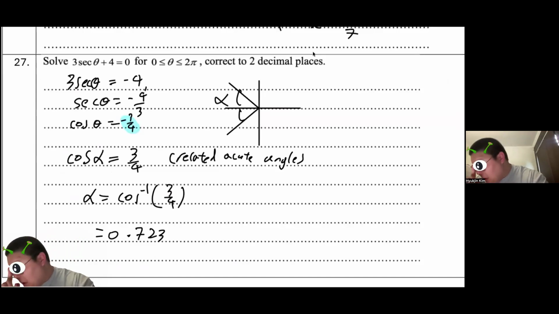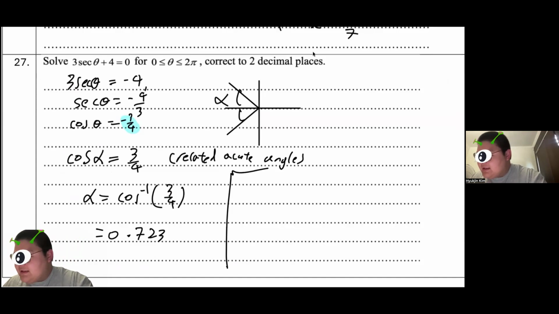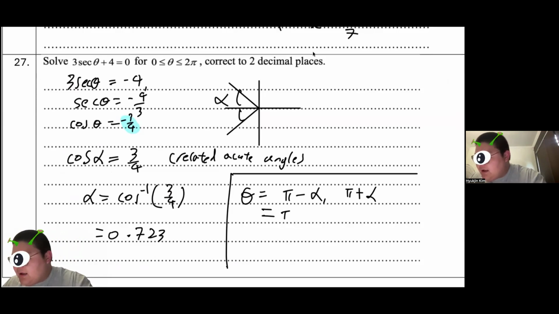Oh, that's pretty cool. Anyhow, because these are the related acute angle I need, theta equals pi minus alpha and pi plus alpha, the related acute angle. So pi minus 0.723 and pi plus 0.723.